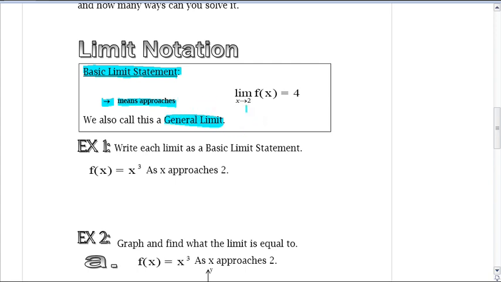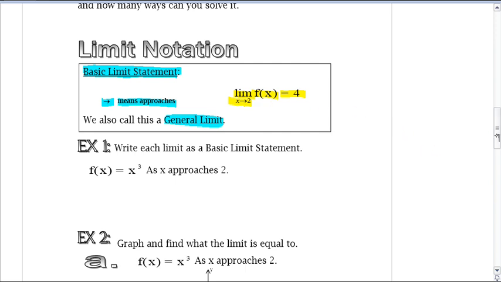The way you would read this to someone is the limit as x approaches 2 of f of x, the height, is equal to 4. Very important that you know how to say it. Remember that the little arrow means approaches.